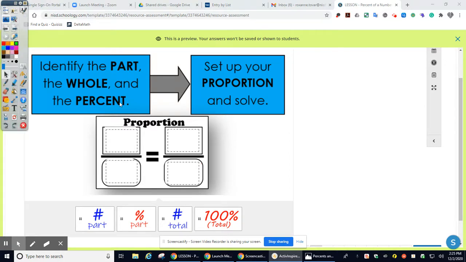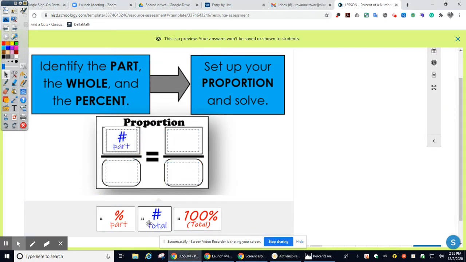Okay, so anytime we have a fraction, we're going to have our fraction on this side. A fraction consists of a part and a total. So we're going to have our numbers over here. Our part of the fraction goes on top. The total part of the fraction goes on the bottom.